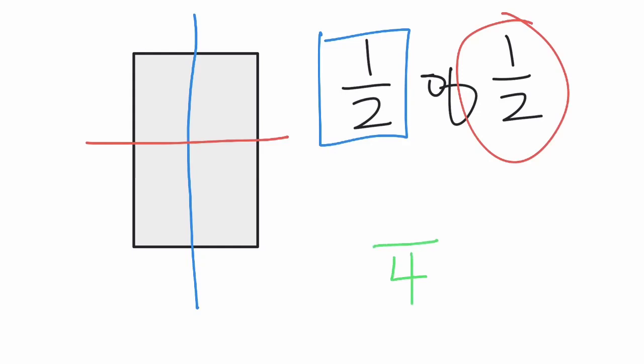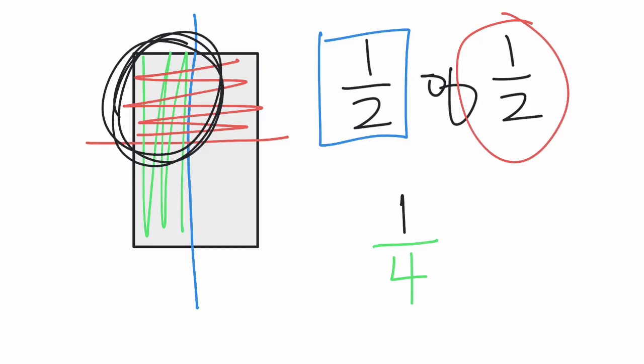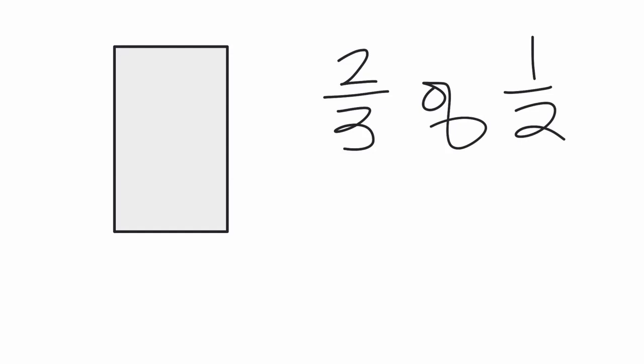So they're saying 1/2 of 1/2. I have half right here, and then I have half right here, and I only have one box that has both red and green colored, so I have one of the 4. Again, in case you're confused.